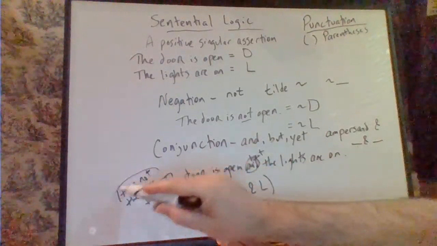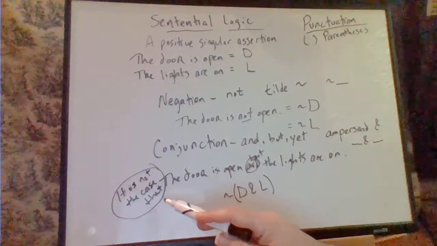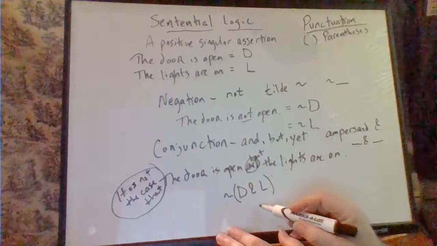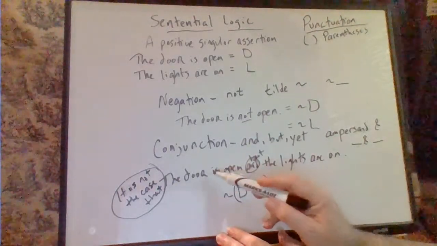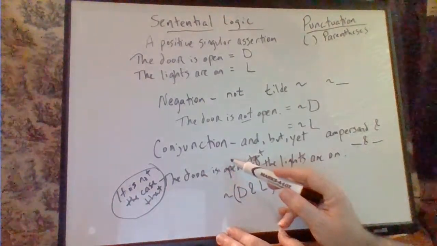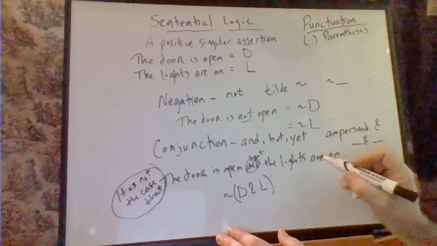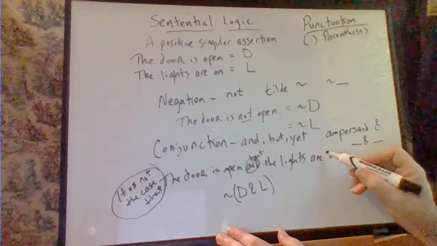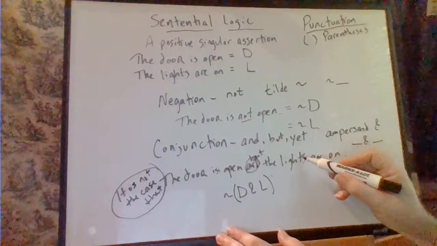If the negation is taking place like it is here, in the beginning, before the subject, then you're denying the whole thing. You're going to need those parentheses. If, like we did before, the negation was after the subject, as in the door is not open, then that tells me we're denying just the statement about the door. Or if it were after the lights are not on, it would be just the statement about the lights that were being denied.